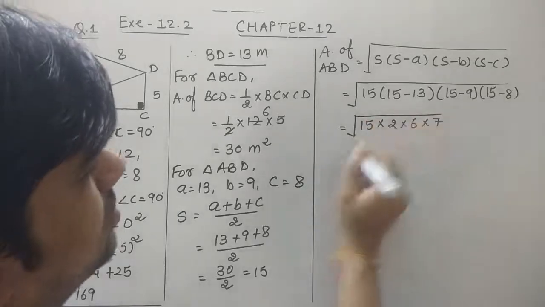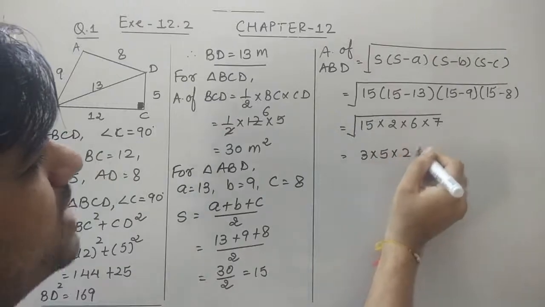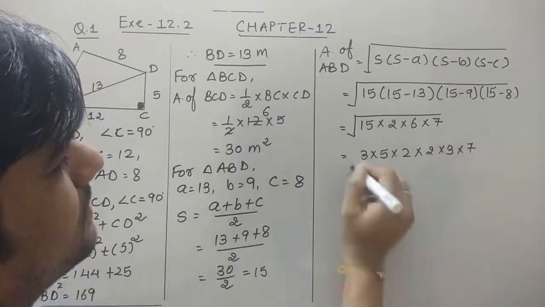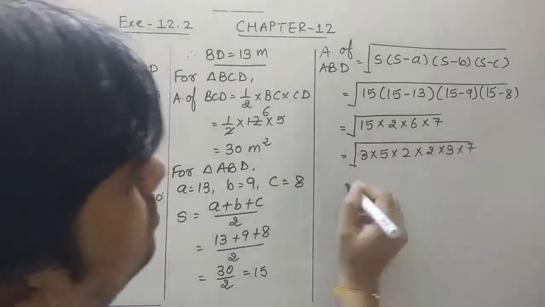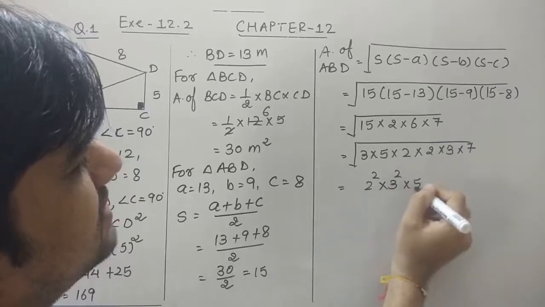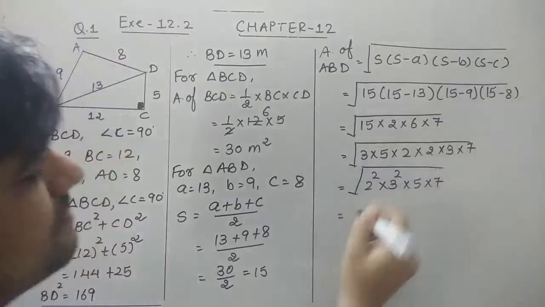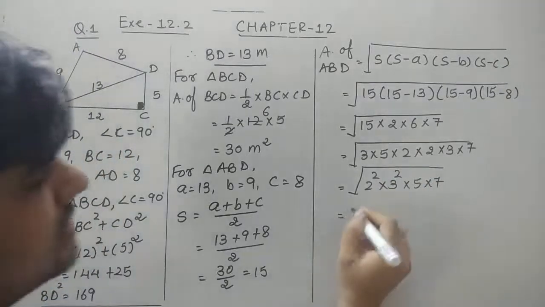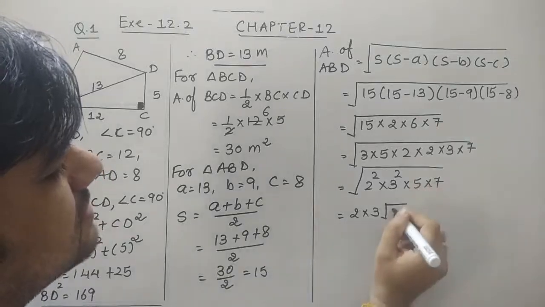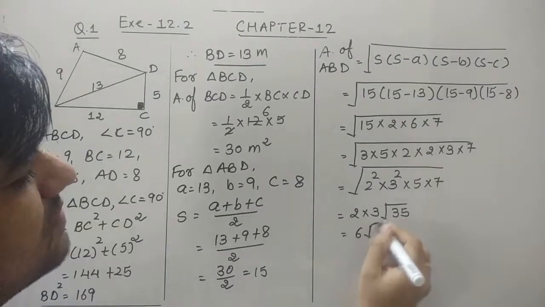To find out the square root, we'll do the prime factors. 15 is 3 into 5, 2 as it is, 6 is 2 into 3, and this is 7. Let's see that 2 we have 2 times, 3 we have 2 times, and 5 and 7 exist only one time. So when we do the square root, the power which is even number should come out, and 5 sevens are 35. So area of ABD we obtain 6 root 35 meters square.